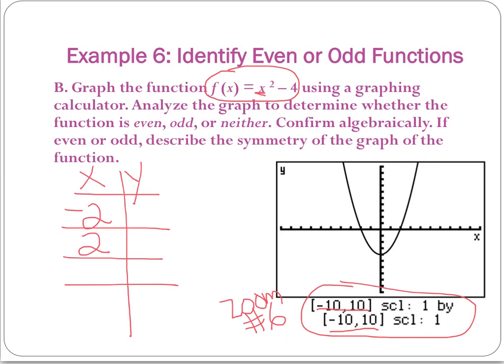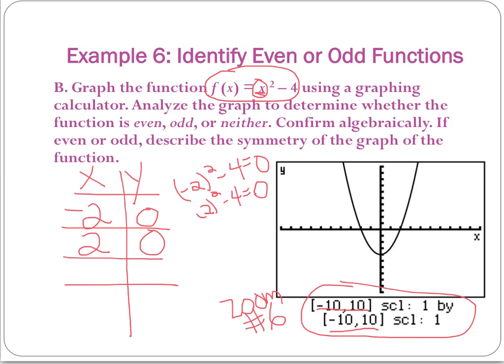I'm going to plug those two values in for x and evaluate the function to find my y value. So for negative 2, negative 2 squared minus 4 is going to give me 0. And positive 2 squared minus 4 also gives me 0.